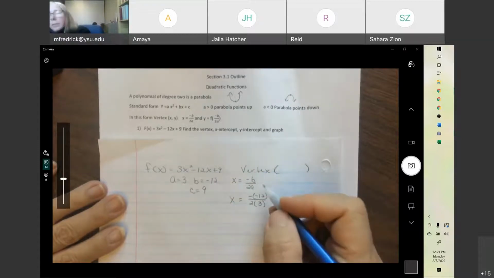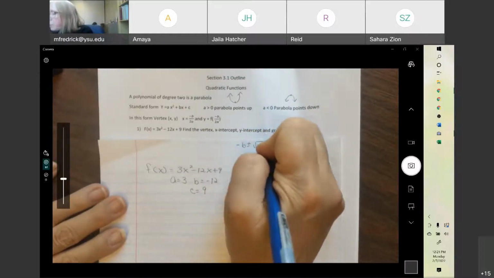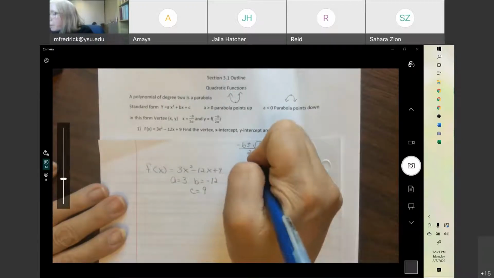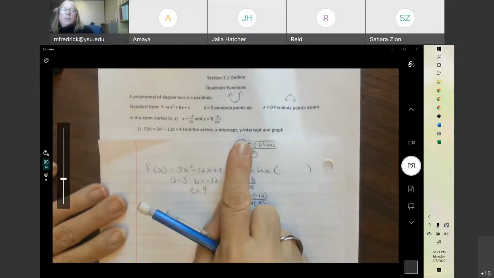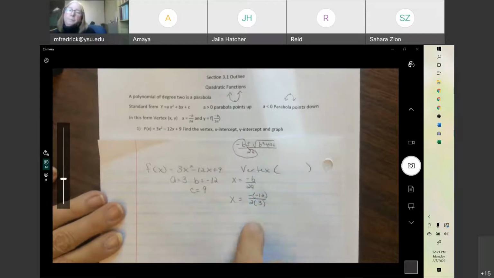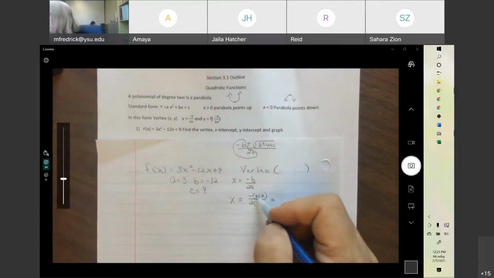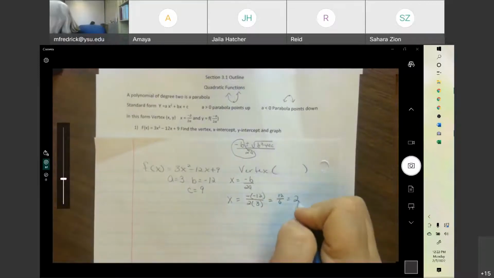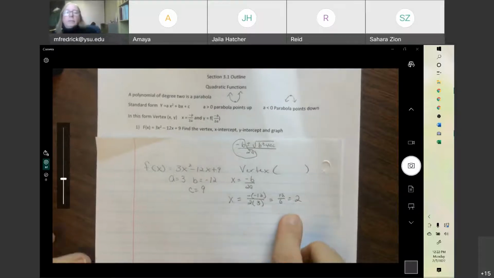One way to help you remember this, if you remember the quadratic formula, negative b plus or minus the square root b squared minus 4ac all over 2a. It's the beginning part. So it comes from your quadratic formula. Negative and negative is a positive 12 over 6 is 2. So the x value of a vertex is 2.